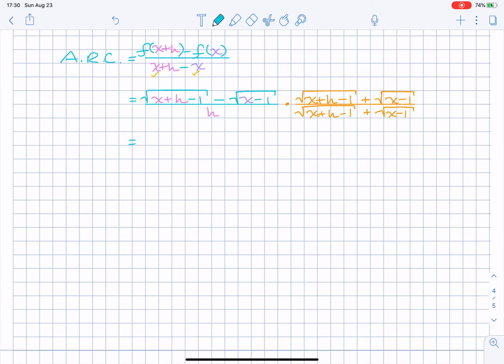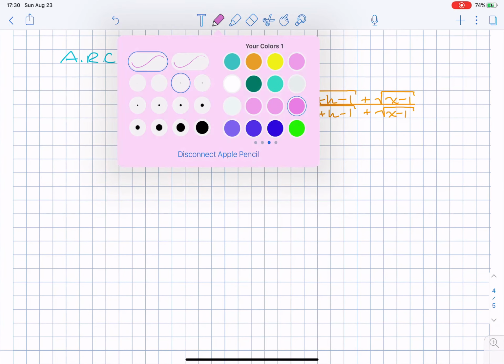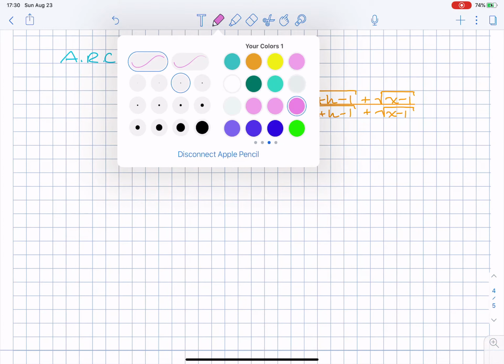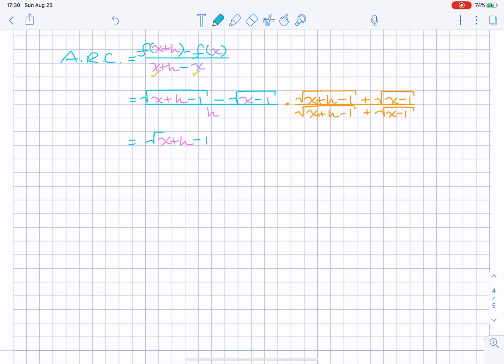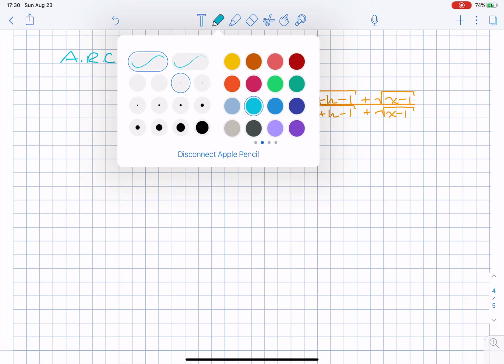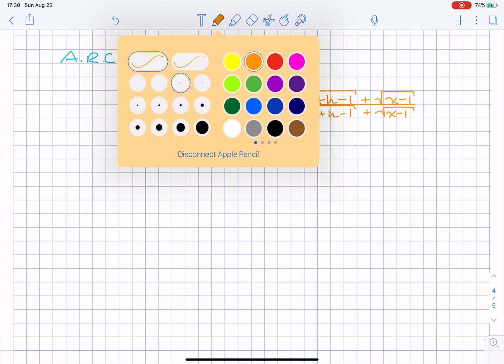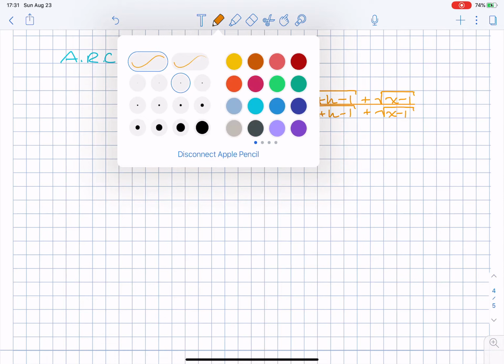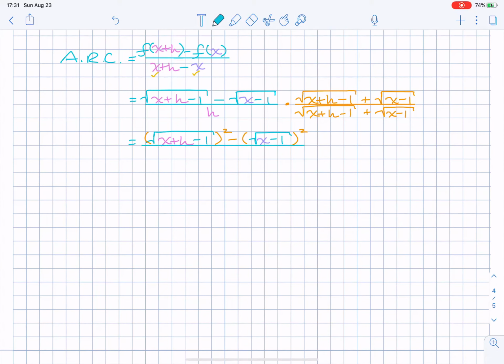So this will give us the square root of x plus h minus 1, the whole quantity squared, minus the square root of x minus 1, the whole quantity squared, because I have the difference of squares in the numerator, all divided by h times, in parentheses, the square root of x plus h minus 1 plus the square root of x minus 1.